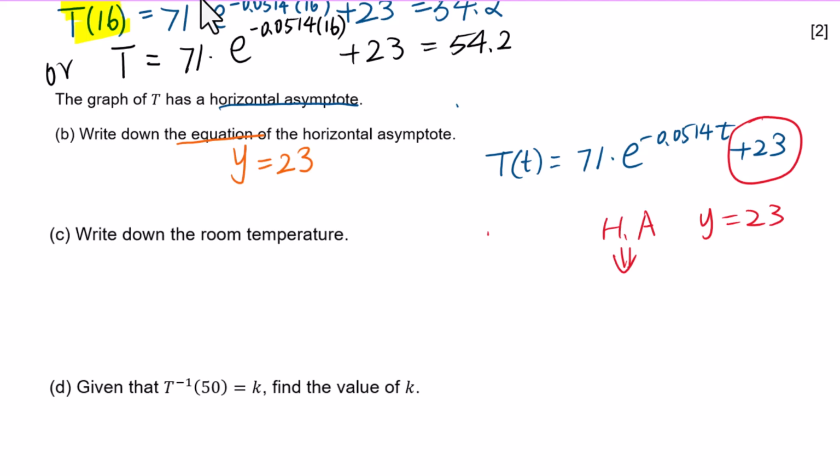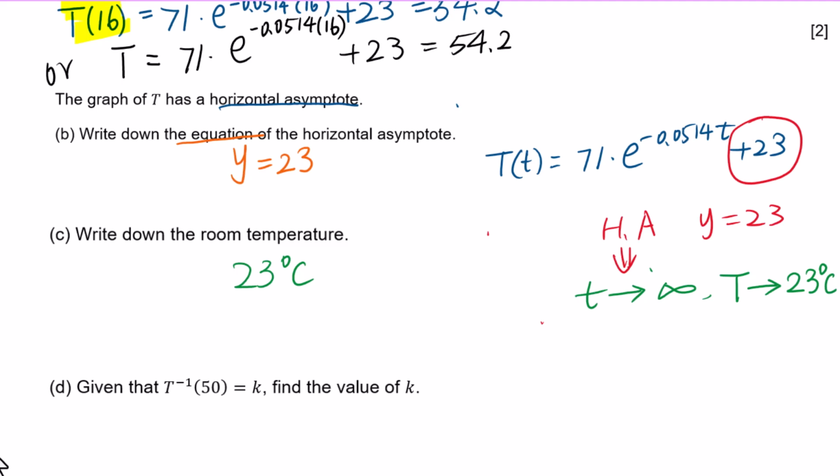Because this horizontal asymptote line means when T approaches infinity, this temperature will approach 23 Celsius. From this context, we could say the coffee will cool down to the room temperature, which is 23 Celsius.